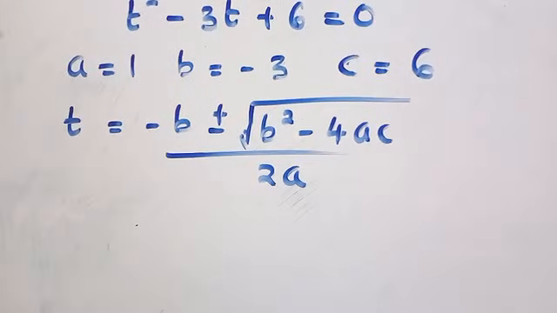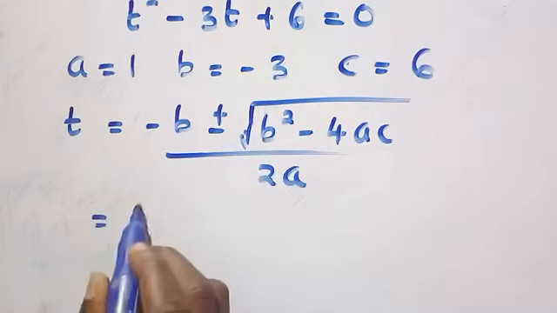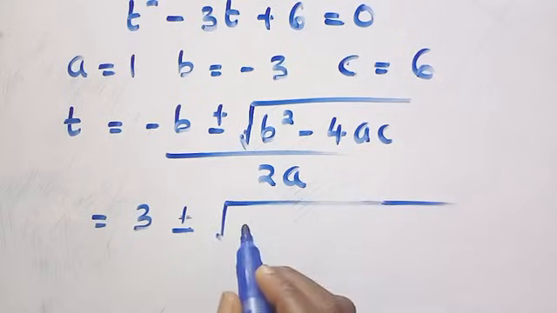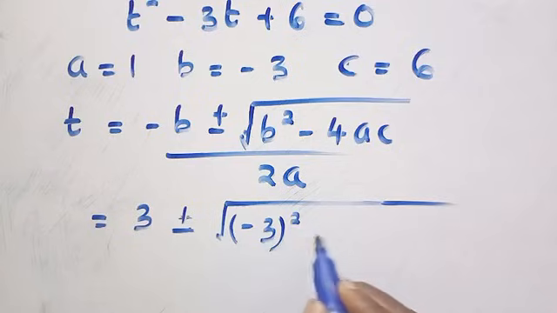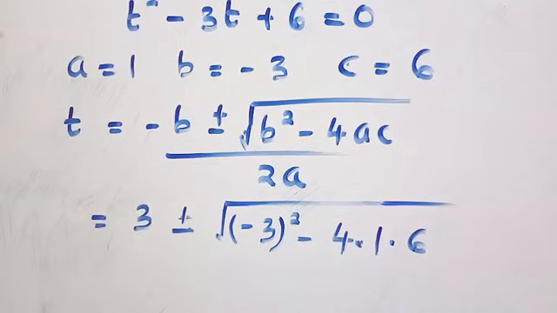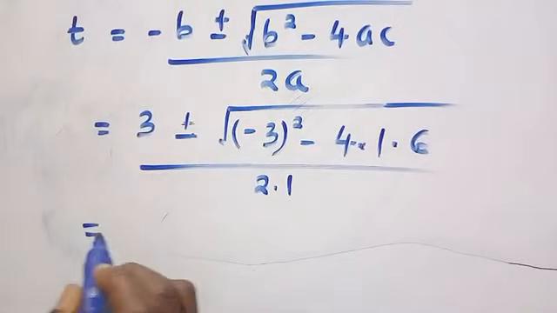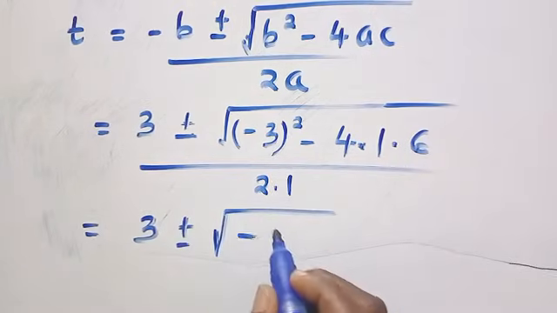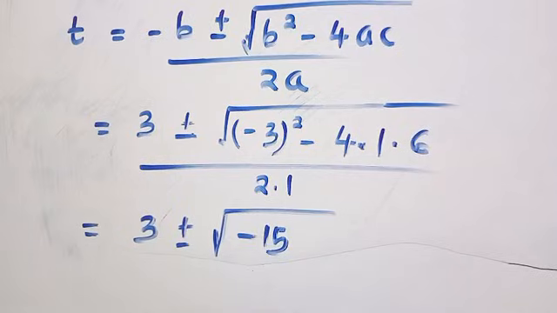Then by plugging in all these values, we have here 3 plus or minus the square root of minus 3 squared minus 4 multiplied by a is 1 multiplied by c is 6, divided by 2 times 1. And next we have 3 plus or minus the square root of, all this gives us minus 15, then divided by 2.